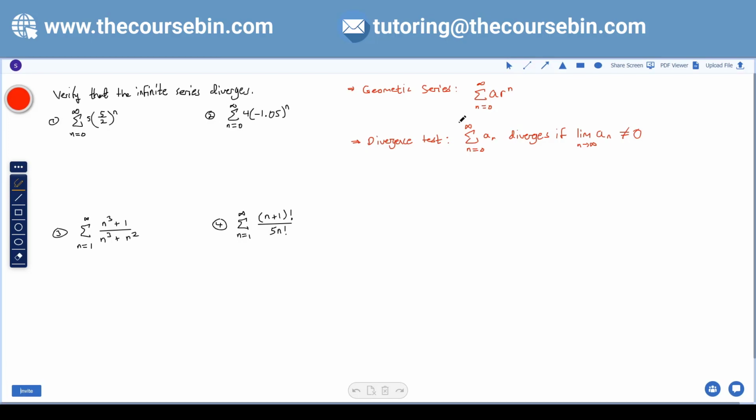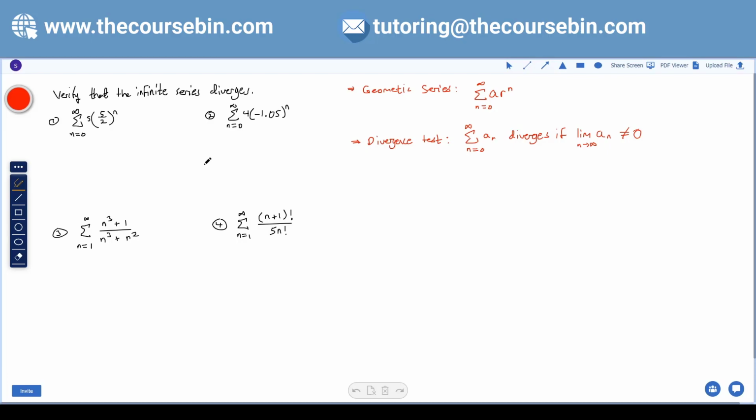Right. We could write down the first few terms to help us determine those quantities, but like you said, it's already written in the form of a geometric series, so there's no need to write out the first few terms.